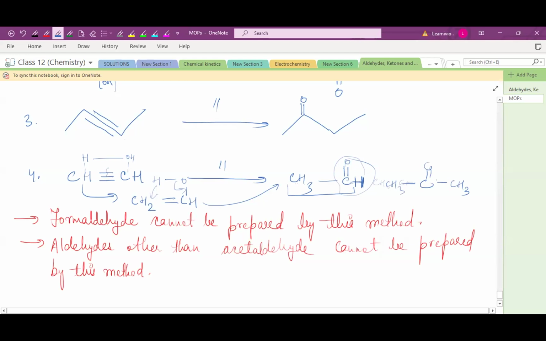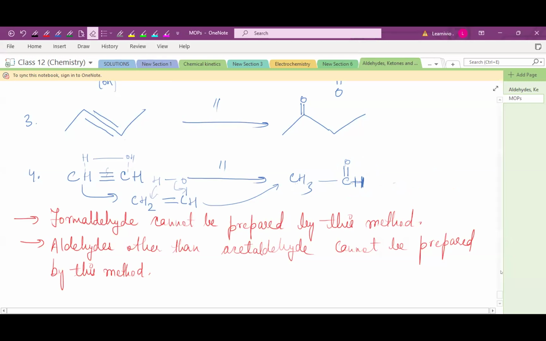Always remember that by the hydration of alkyne, you can only prepare acetaldehyde, not anything other than that. Is it clear? Yes. So that's why I've written here in the second point: write down these points. Aldehydes other than acetaldehyde cannot be prepared by this method, because it will give you a ketone instead of an aldehyde.